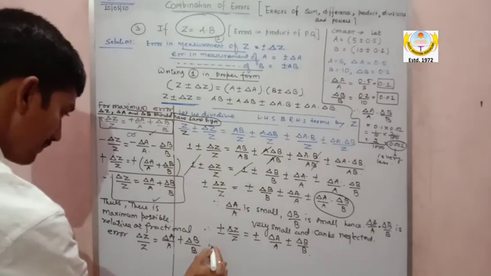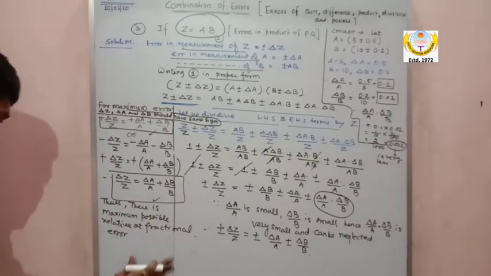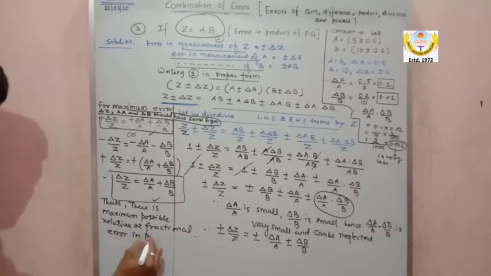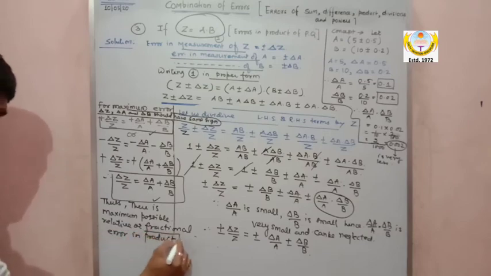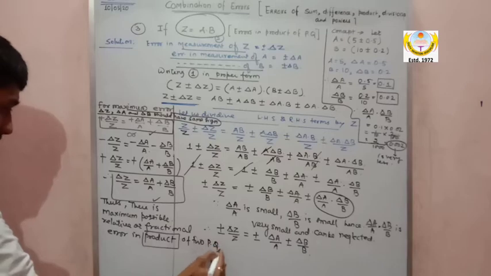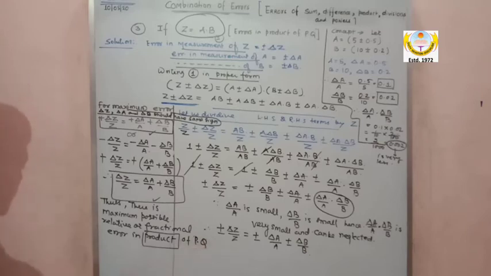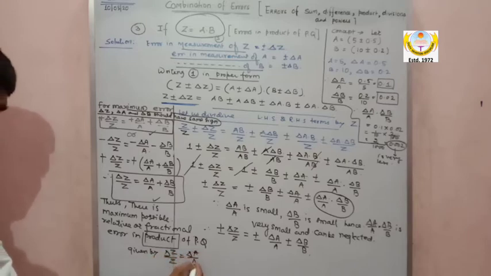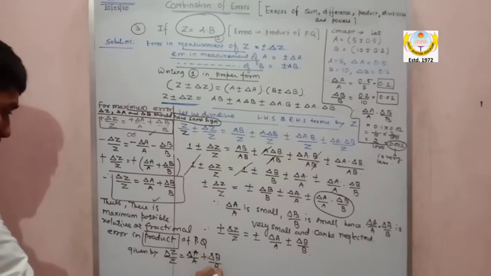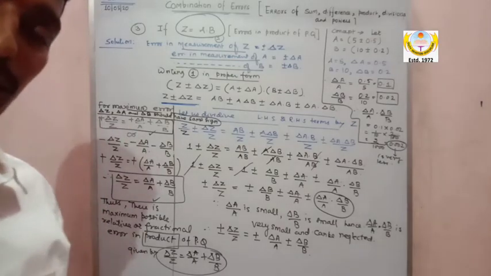So the maximum possible relative or fractional error in the product of physical quantities, not necessarily two, is given by del z by z is equal to del A by A plus del B by B. So here is the concept of relative error, my dear, in product or in division also, in power also.